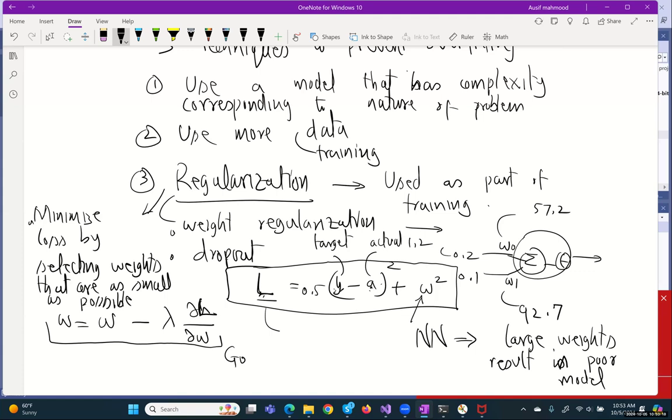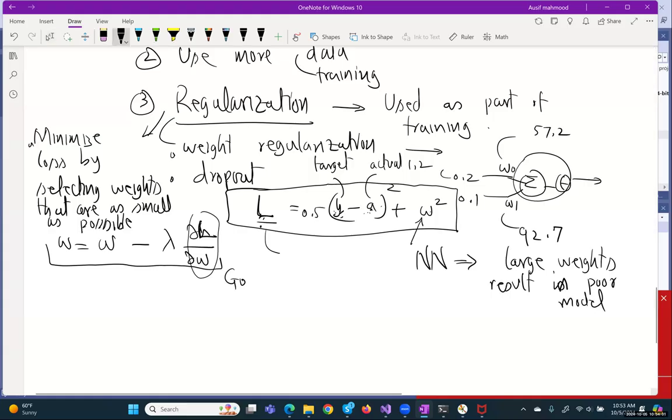If the weights are very high, will the loss be less? No. So if this is the loss function, both terms have to be as small as possible for the loss to be less, which means a has to be equal to y, which is our goal anyway. But the weights also have to be small. So this is what we do to the loss function. So how does this change the gradient descent algorithm?